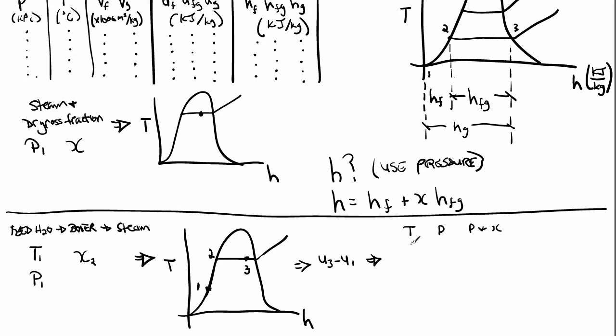You've got to remember that internal energy is calculated. So I can use temperature to find my H1. I can use pressure to find my H2. And in this case, because I'm dealing with quality, I can use pressure plus the dryness fraction formula up here to find my H3. So I can do that with enthalpy, no problem. I can even do that with specific gravity.